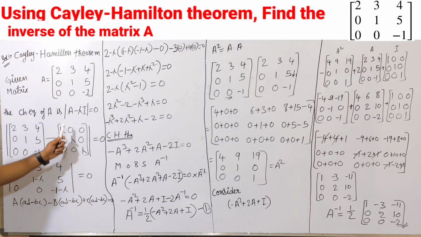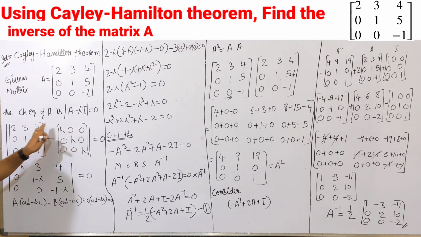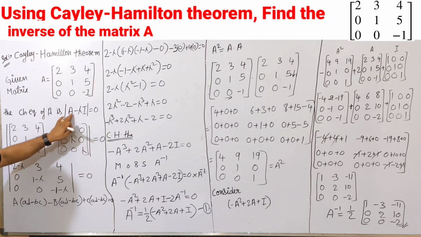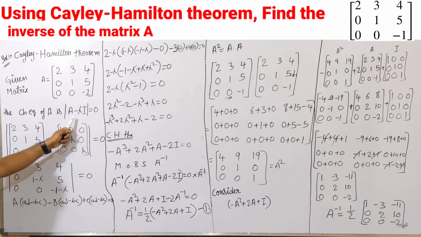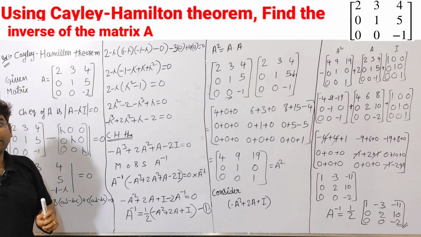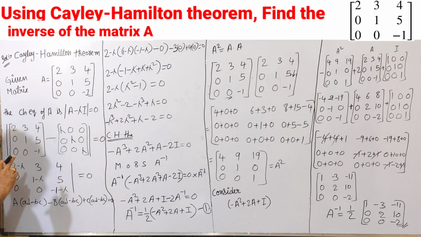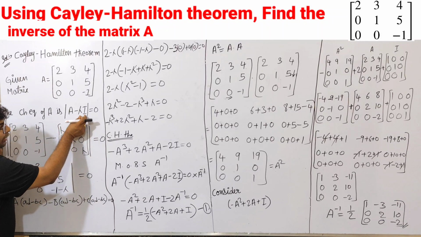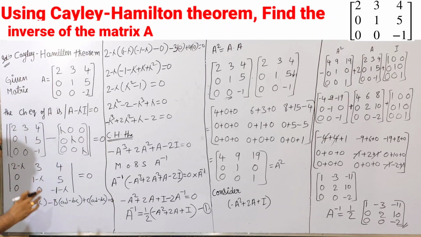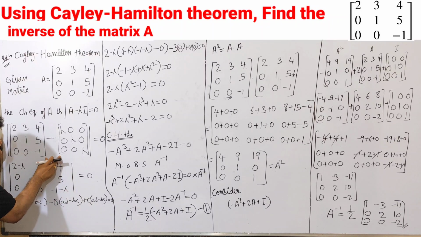Now we have to solve this. In the determinant, I took the A value minus lambda I. What is meant by lambda I? Diagonally we will get lambdas, because lambda into I. Now we should subtract these two.